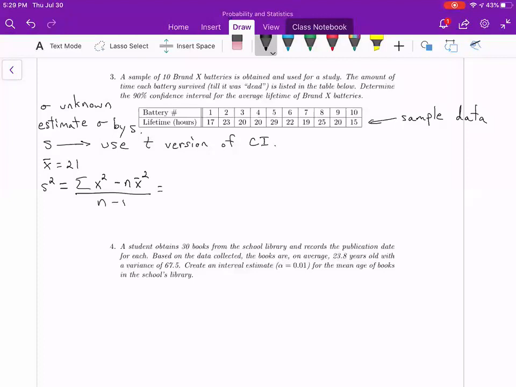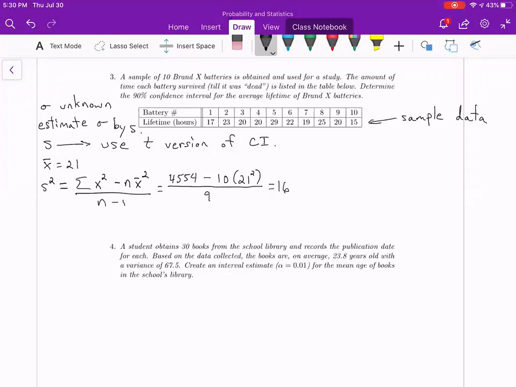Let me give you some of the numbers that you should have gotten if you were using the formula that I've got up here. I got a sum of squared values to be 4,554. You want to subtract from that 10 times the square of the mean, so that's 21 squared, and divide that by 10 minus 1, or 9.